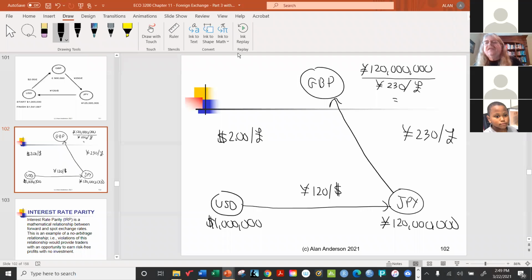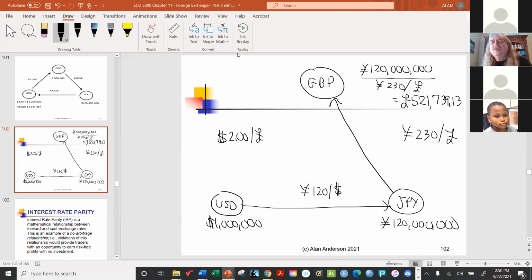If you divide 120 million by 230, you'll end up with 521,739.13 pounds. Now, we don't want pounds.